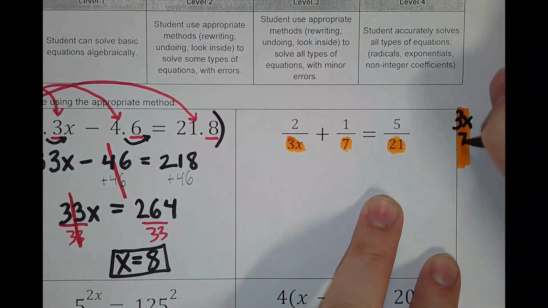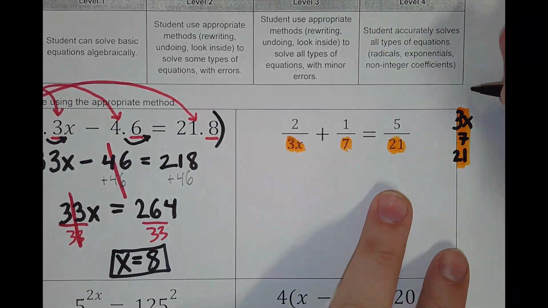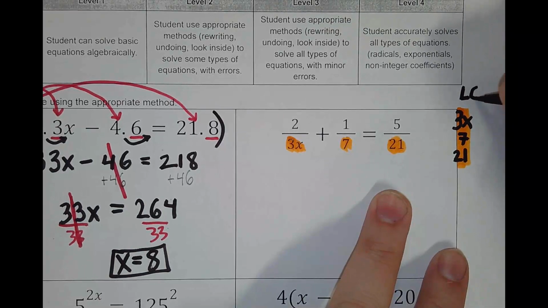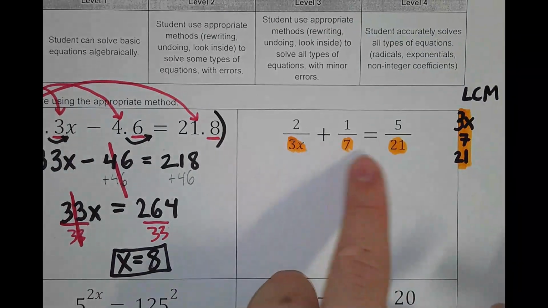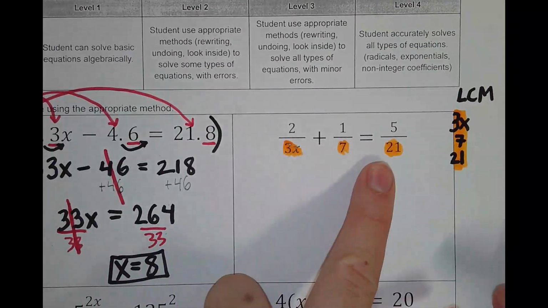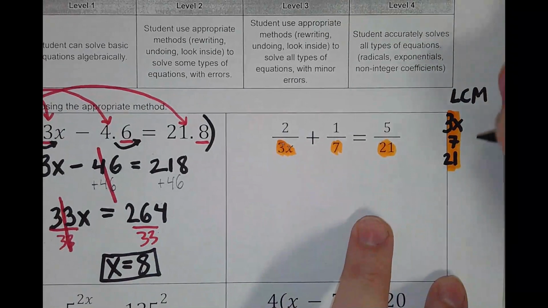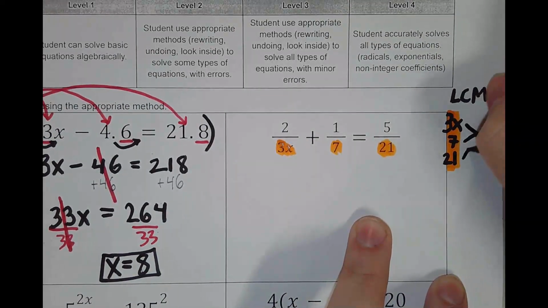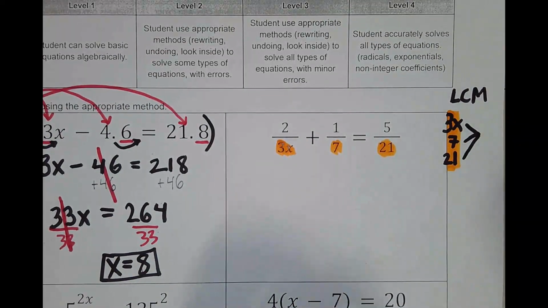What do 7, 3x, and 21 all go into? What I'm looking for is the LCD or the LCM, the least common multiple of these three, or the least common denominator. What's the smallest thing they all go into?